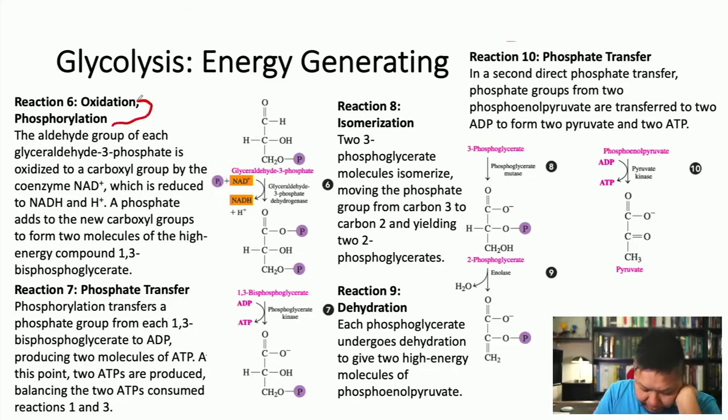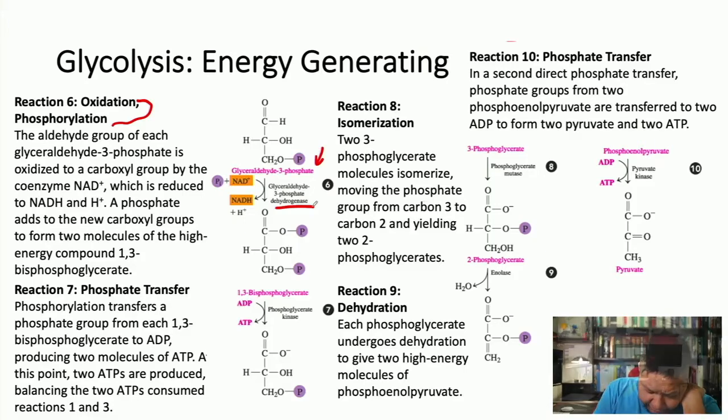We'll take one of those glyceraldehyde 3-phosphates here in step 6 and use it with glyceraldehyde 3-phosphate dehydrogenase. Like we were talking about before, what do dehydrogenases do? They're oxidation-reduction enzymes.